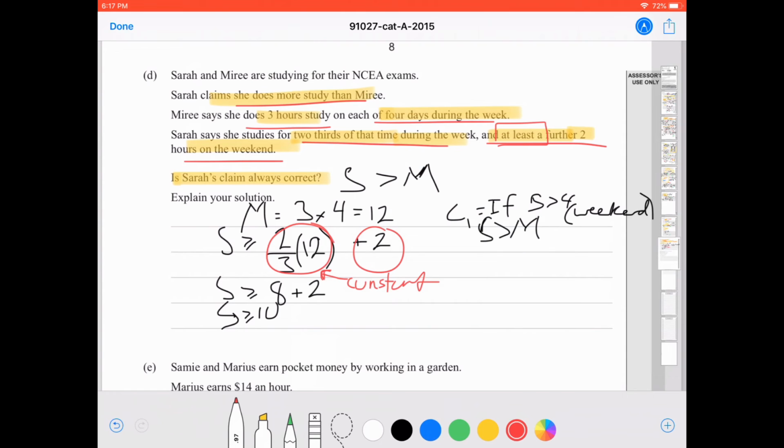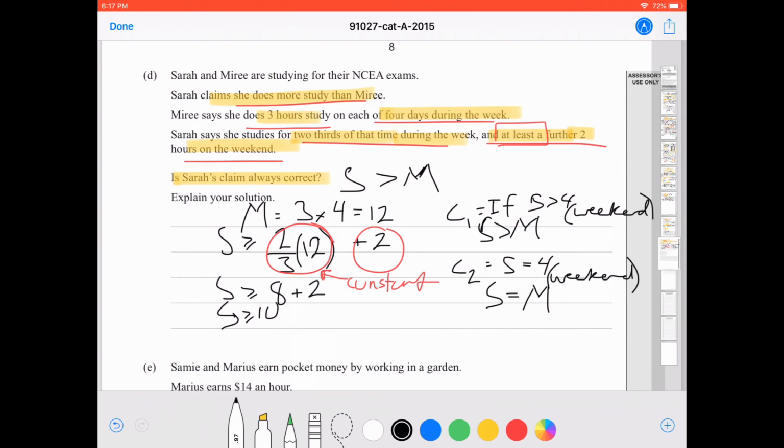So, that's condition 1. Condition 2, they say if Sarah studies for 4 hours, so S equals 4 on the weekend, they study for the same length of time, so S equals M. And that makes sense.